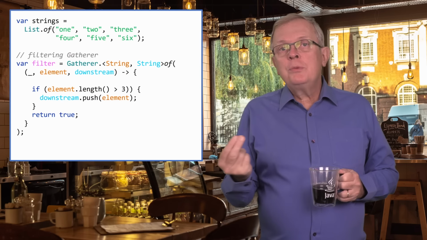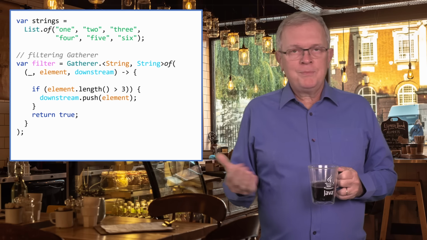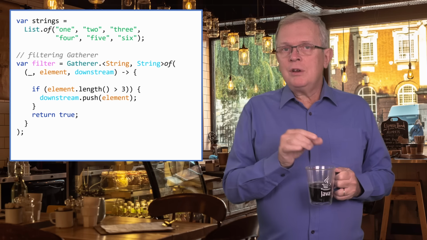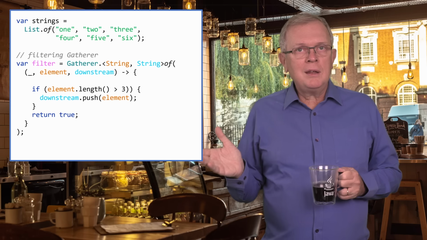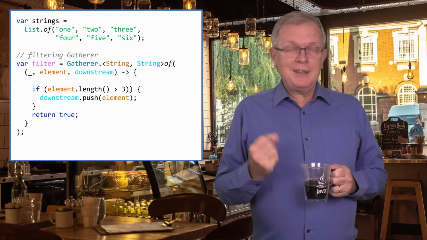You can probably imagine how you can write a filter operation with a gatherer. It's pretty easy. All you need to do is to decide if you want to push the element you get from the upstream to the downstream or not. So you can write it in that way. If your string of characters is longer than 3, then you push it. But note that you still need to return a boolean.